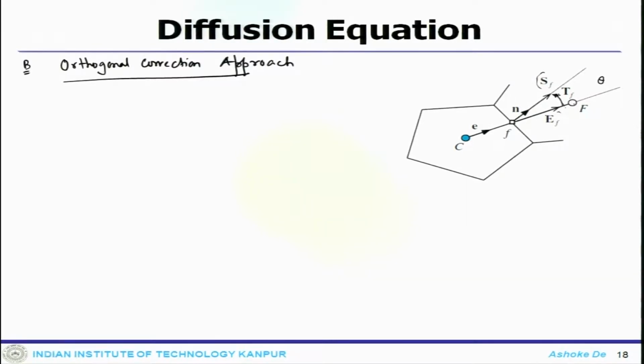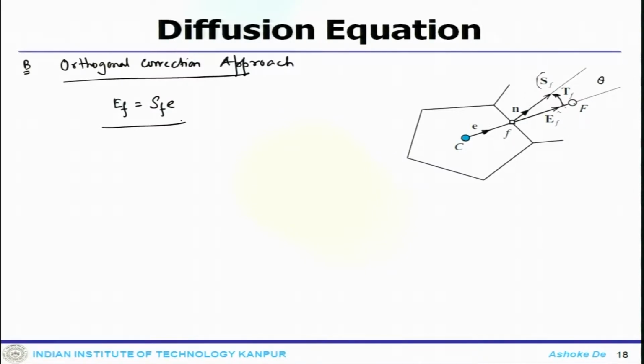There also the contribution comes from both phi f and phi c. So, here you define EF again as SF E. That is our orthogonal correction approach.